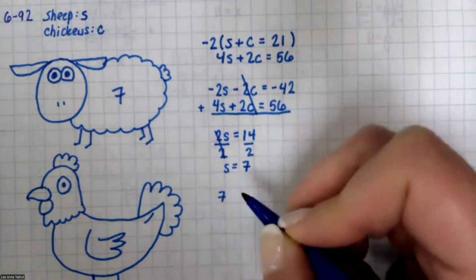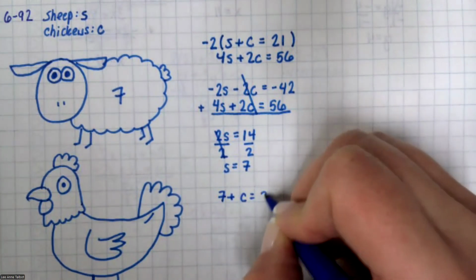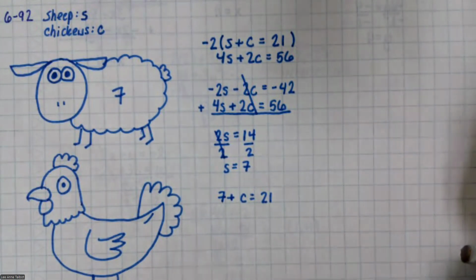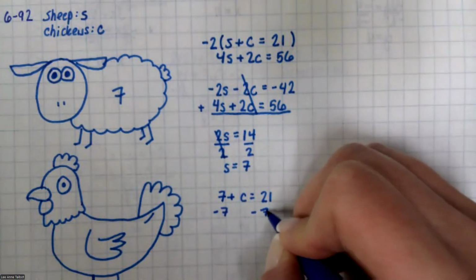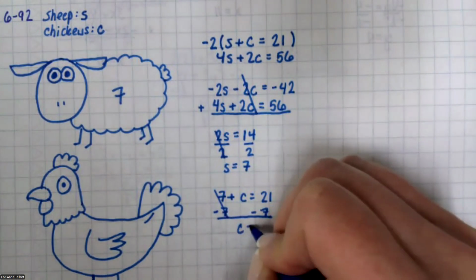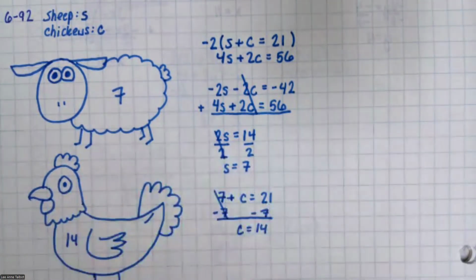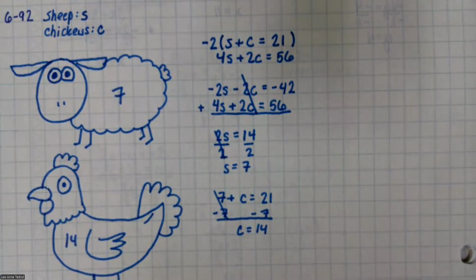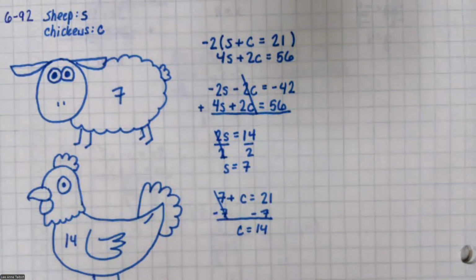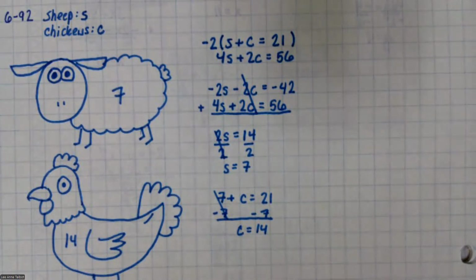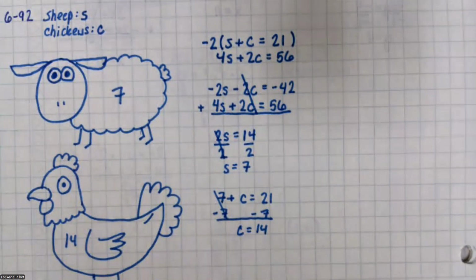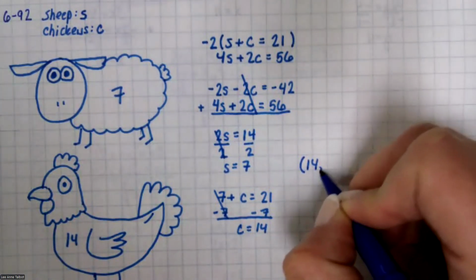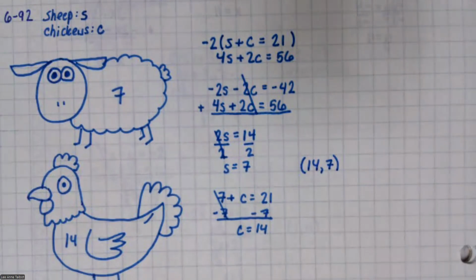Okay. 7 plus chickens equals 21. 14 chickens. Yes. C definitely comes before S in the alphabet. I'm hoping that you know the first three.